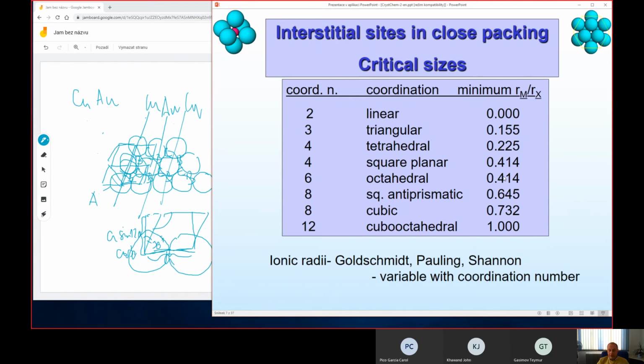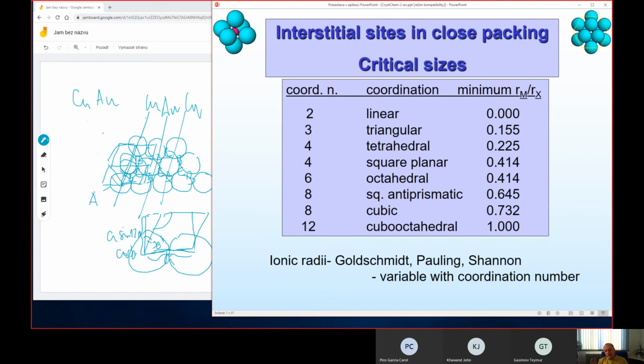So a larger cation can occupy the octahedral site compared to the tetrahedral one. But it can be larger, but never smaller. You can't place an atom in a tetrahedral position if its radius is smaller than that corresponding to this ratio.